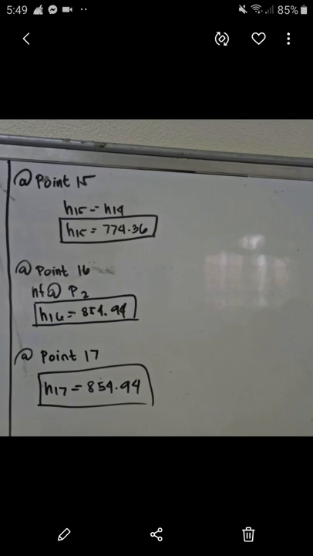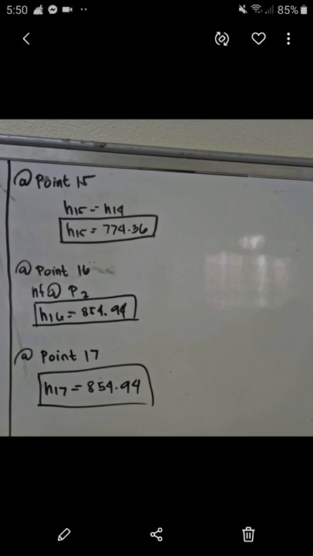The HF at pressure 2 is equal to enthalpy 16 is equal to 854.94. At point 17, the same also, H17 is equal to 854.94.